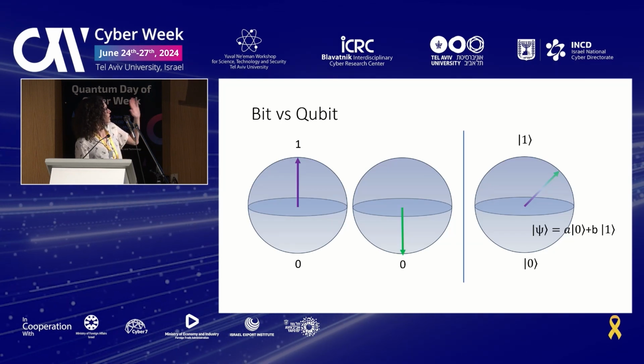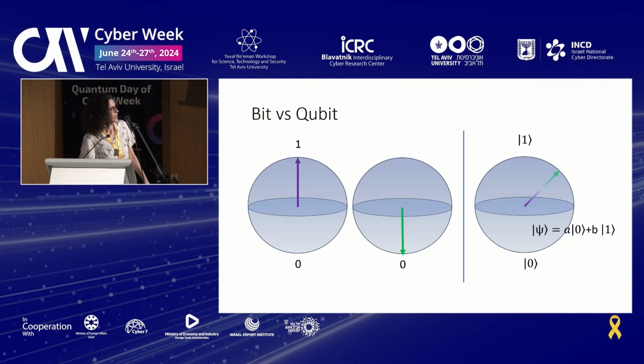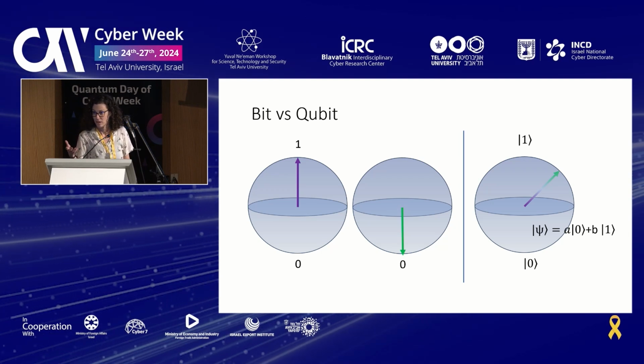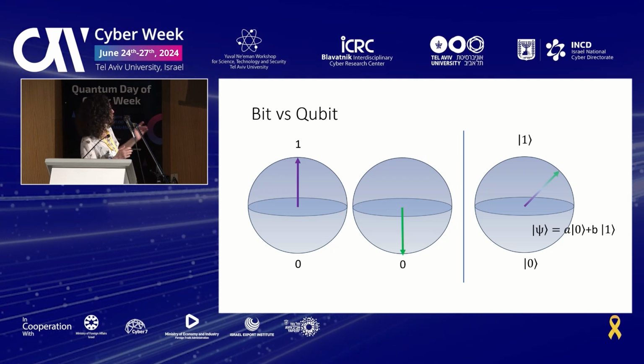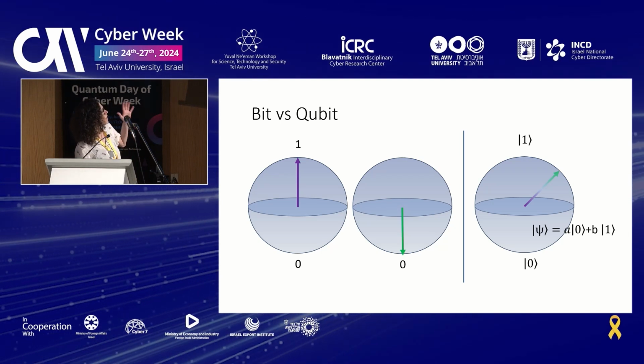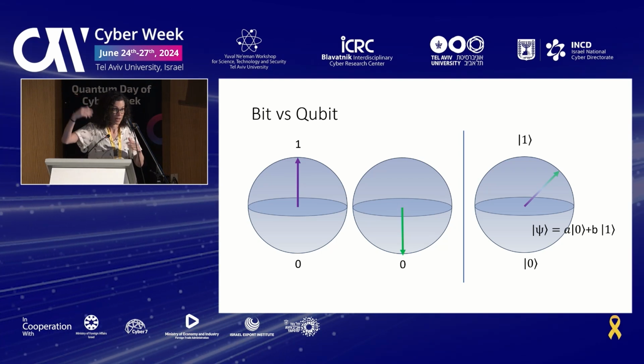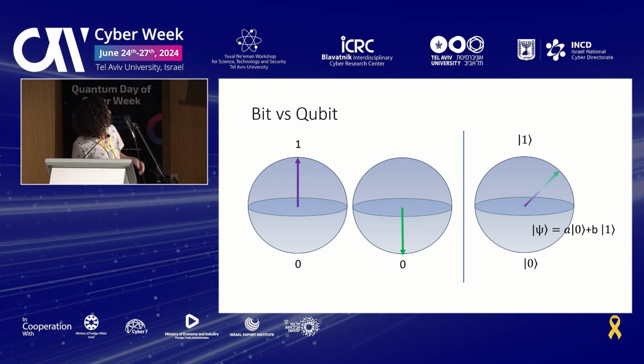This is the standard slide. I think basically everyone showed this, the difference between a classical bit and a quantum bit. This is the most basic cartoon that people are showing: one has 2 states and can be in either 1 or 0, plus or minus, on and off, but it has 2 states.